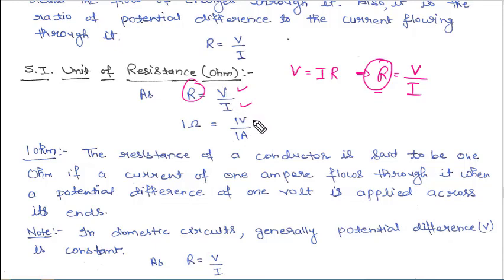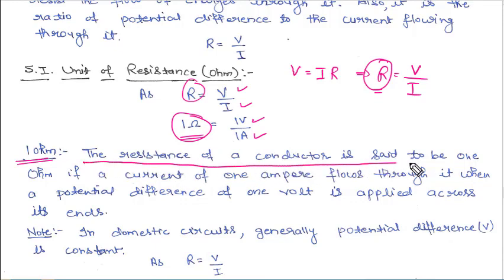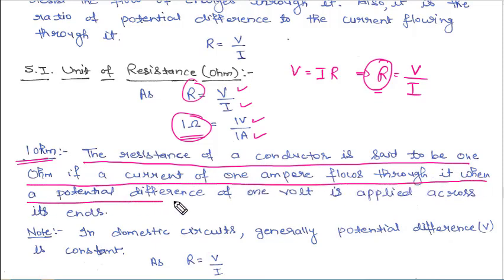So if I take voltage as 1 volt and current as 1 ampere, then the resistance of the conductor will be 1 ohm. So how do we define 1 ohm? The resistance of a conductor is said to be 1 ohm if a current of 1 ampere flows through it when a potential difference of 1 volt is applied across it.